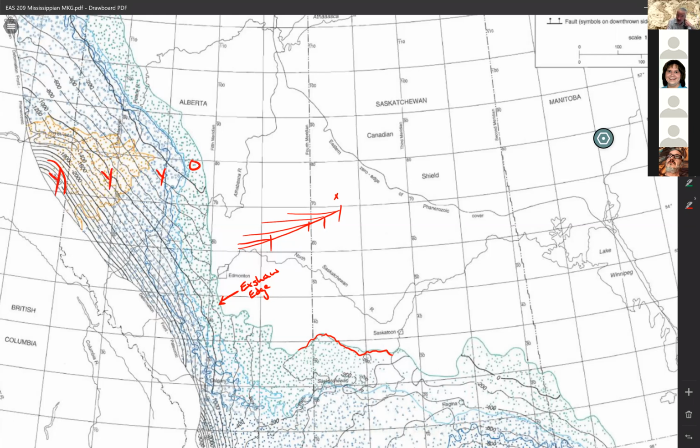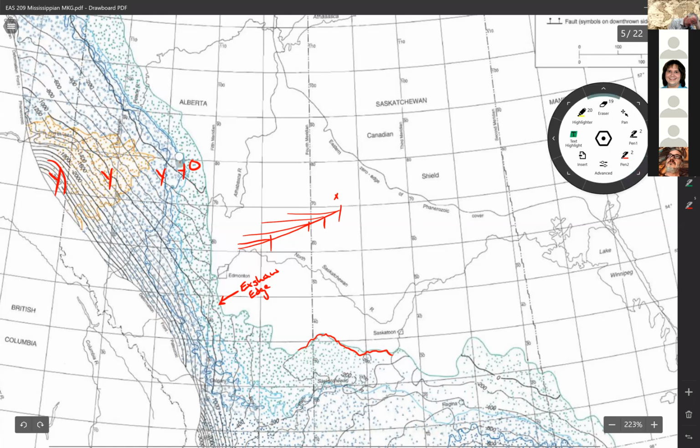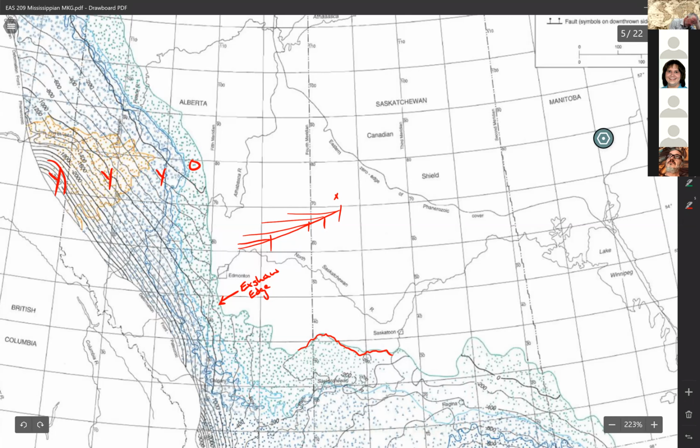And that's because all of these rocks are dipping. Let me just change color there. All of these rocks are dipping in this direction, meaning that as you go from east to west, the strata become younger.